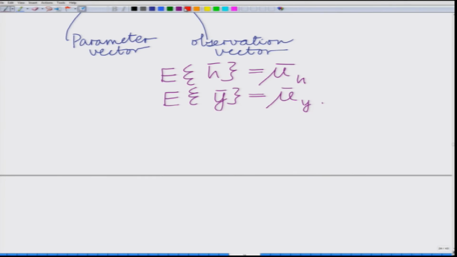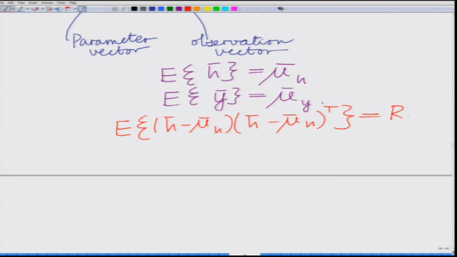So, what we need for estimation is again the expected value of (h bar minus mu bar h) times (h bar minus mu bar h) transpose. This is R_HH. Since they are vectors, I cannot simply consider the variance anymore.